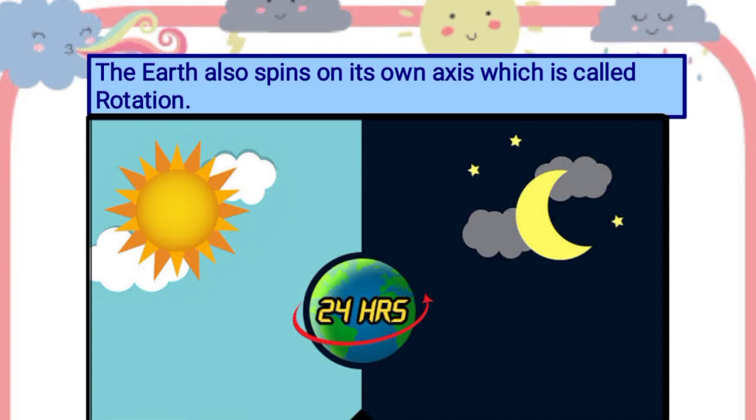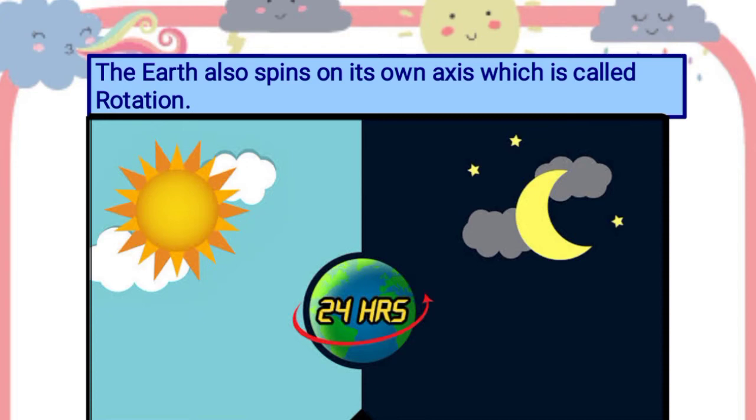Since the Earth revolves around the sun and rotates on its axis at the same time, we experience seasons, day and night, and changing shadows throughout the day.